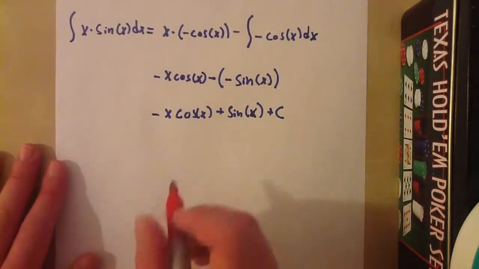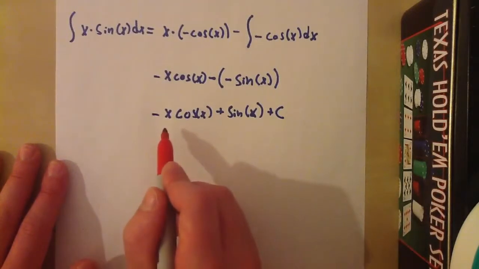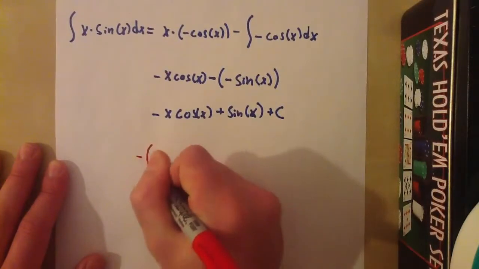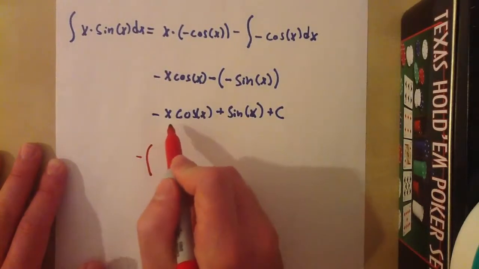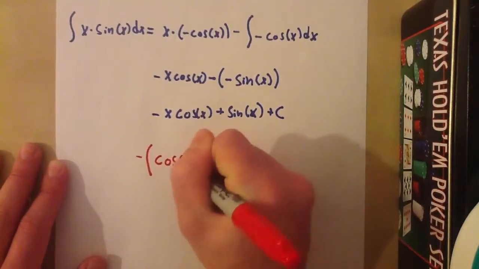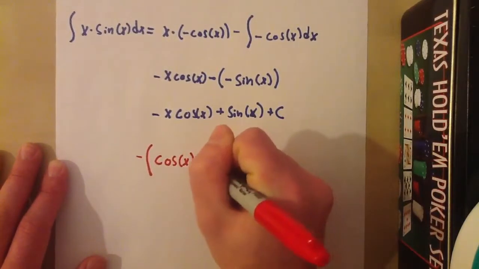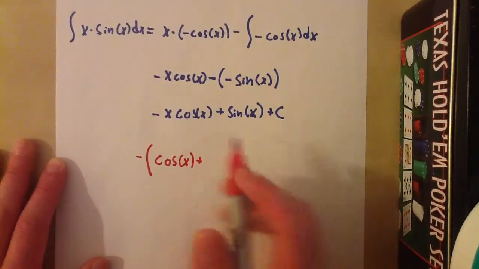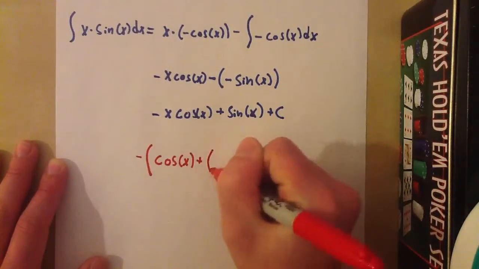So that turns out to be, let's keep this negative out here, forget about it for now, the derivative of x, which is 1, times cosine x, which is just cosine of x, plus the derivative of cosine x, which is negative sine x, times x.